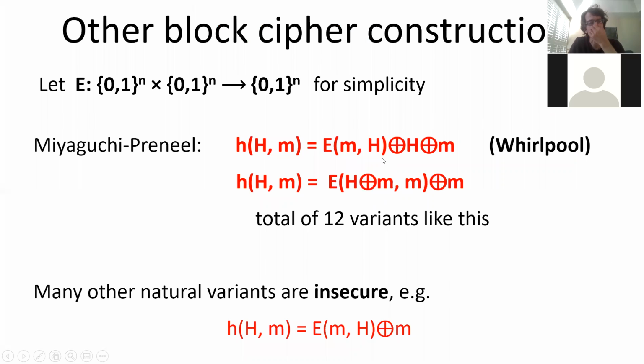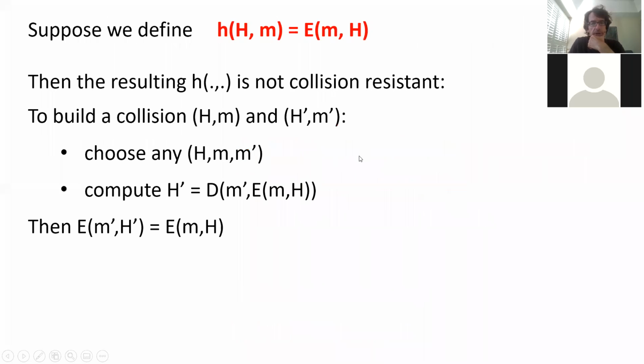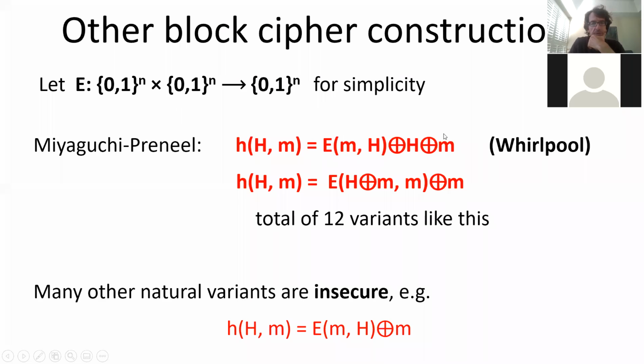There are other combinations that are possible. One is called Whirlpool, which, in addition to using h as an output pad, also uses m. And there are other forms of mixing where you take the XOR of the two as your key instead of m.